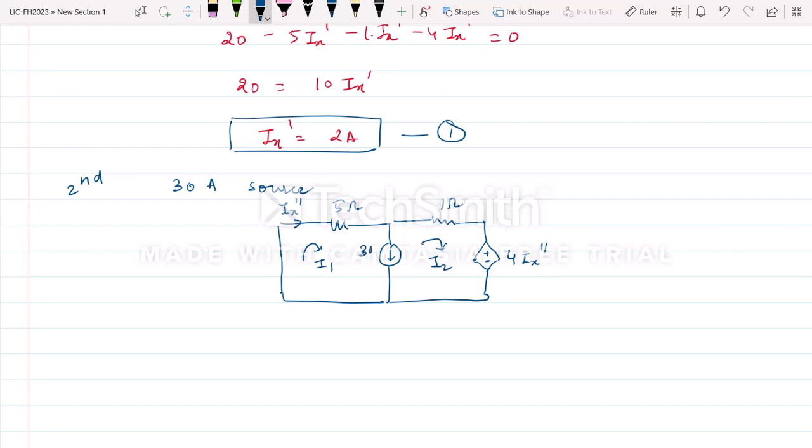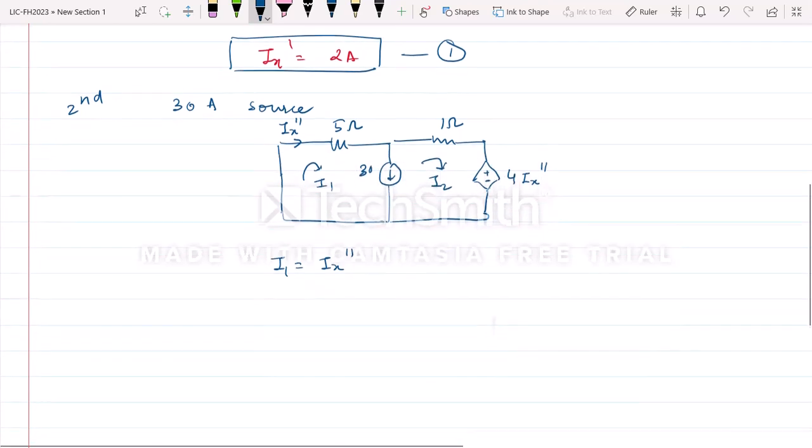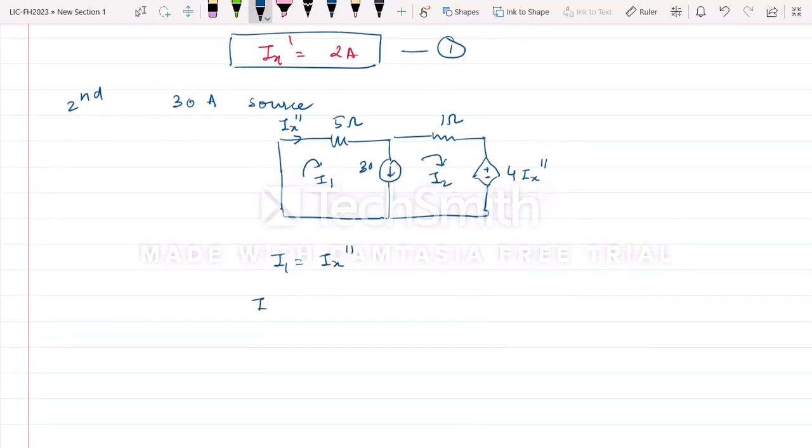Now we have two loops here. We cannot apply KVL in the first and second loops separately; we have to apply KVL in the outer loop, because it has a current source in between. What is I1? I1 is nothing but Ix double dash. I1 is going down here and I2 is going up, so I1 minus I2 is 30 ampere.